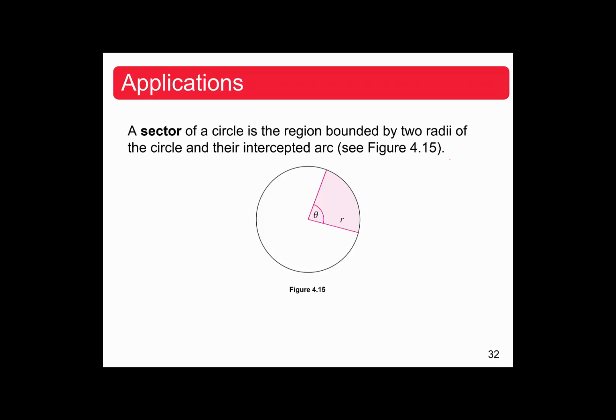So if you look at this, assuming theta equals 75 degrees, and you want to find the area of this sector, the area equals half times r squared times theta. We just need to convert 75 degrees to a radian measurement. So we do pi over 180 degrees equals x over 75 degrees using the conversion formula.